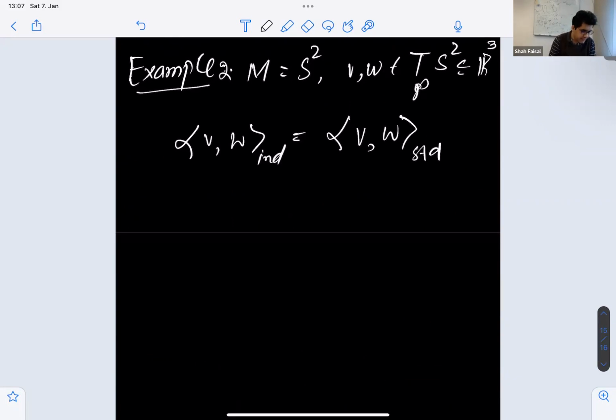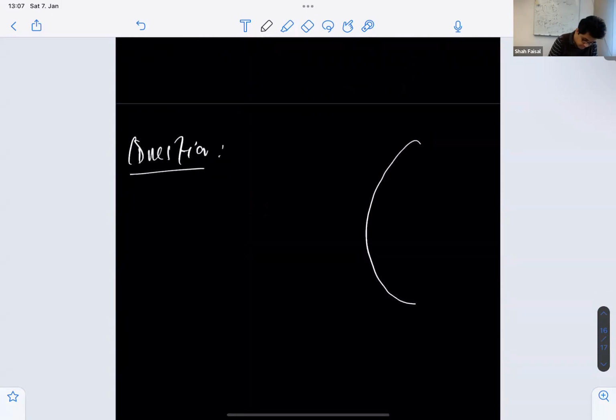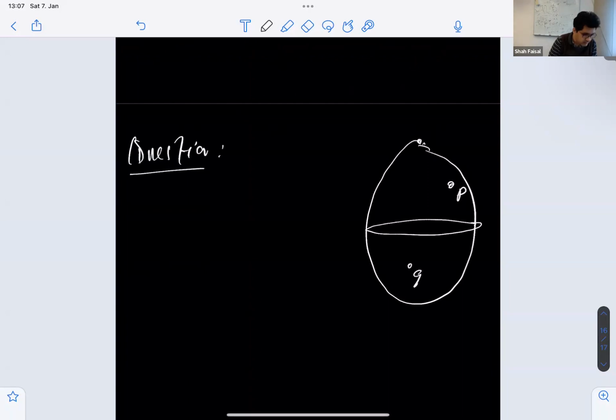So now you can define lengths. I give you the following question. You have this sphere, and let's say you take two points, P and Q. Now you can take a path from P to Q. The question is, which path is of shortest distance?